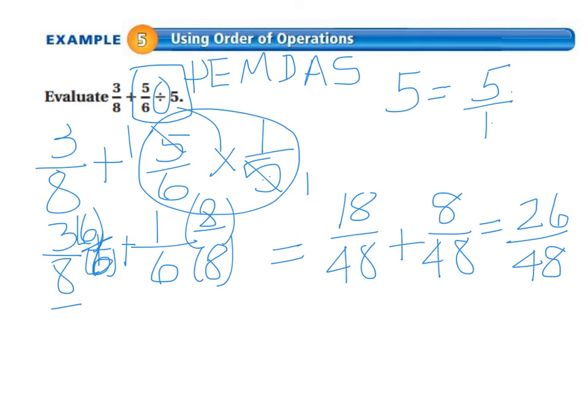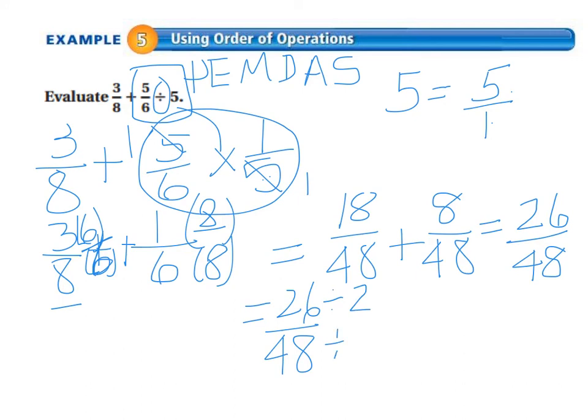I see there that in my ones column I have an even number in the 6 and in the 8. That tells me from my divisibility rules that I should be able to divide both numerator and denominator by 2 to simplify. Again, dividing by 2 does not change the value of my fraction because I'm not really dividing by 2.